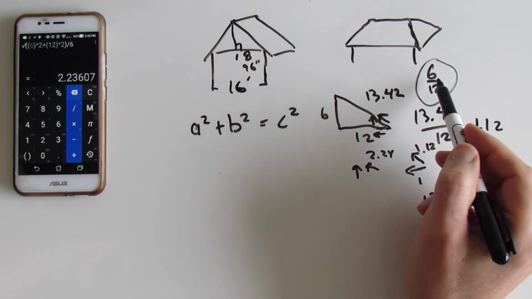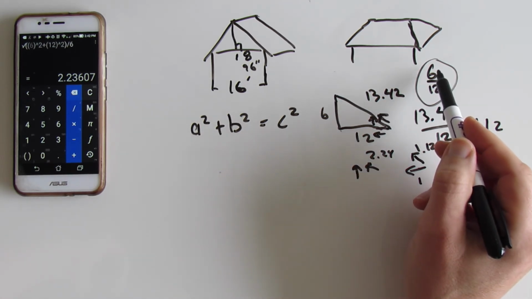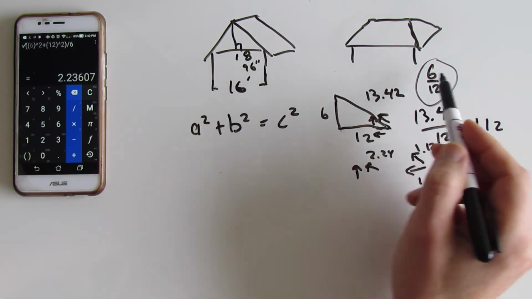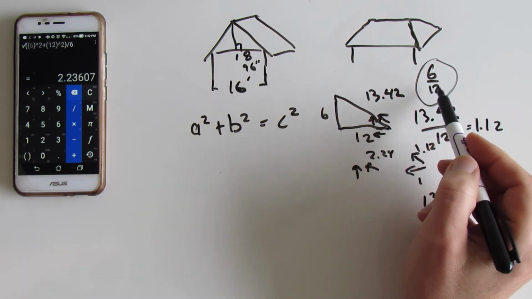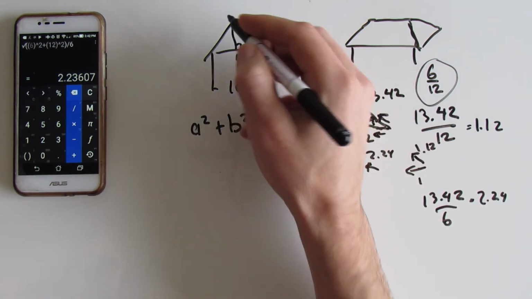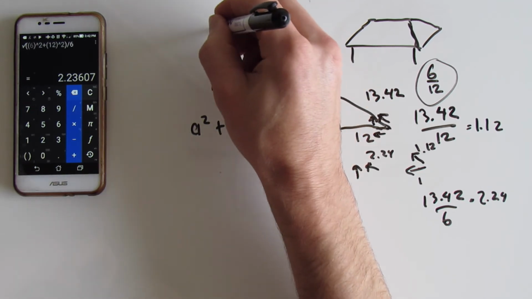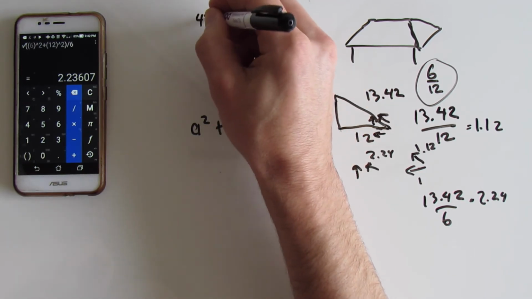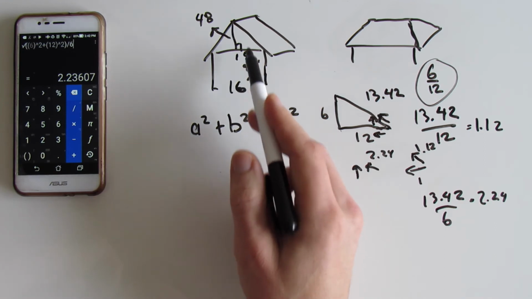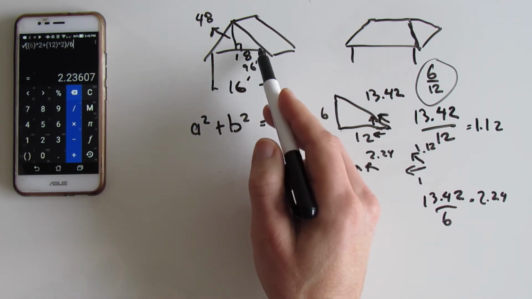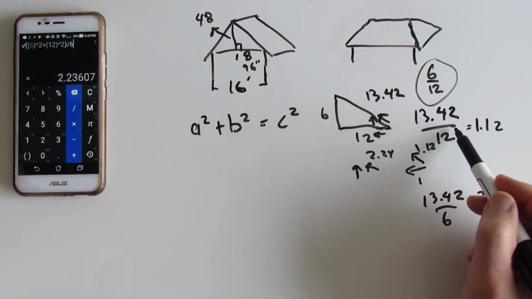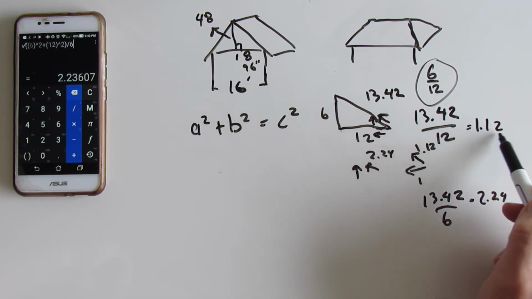So you could say 96 times 6 divided by 12 to get up that much, which is going to give us 48. Okay, and then we could just automatically figure out the slope by taking this unit triangle here of the 1.12.